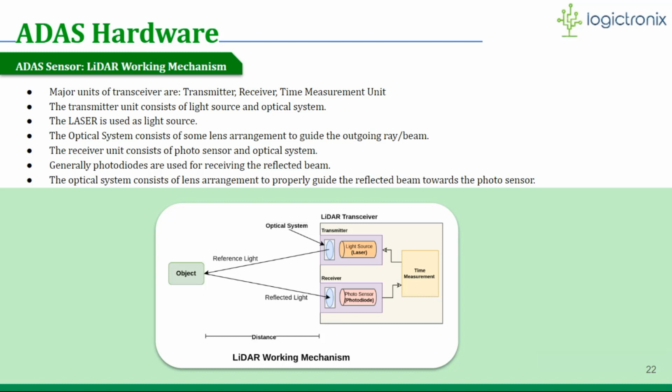Generally, photodiodes are used for receiving the reflected beam. Like the transmitter unit, the receiver unit has an optical system, which again consists of some lens arrangement to properly guide the reflected beam towards the photosensor. The following picture illustrates a functional block diagram of the LiDAR working mechanism.